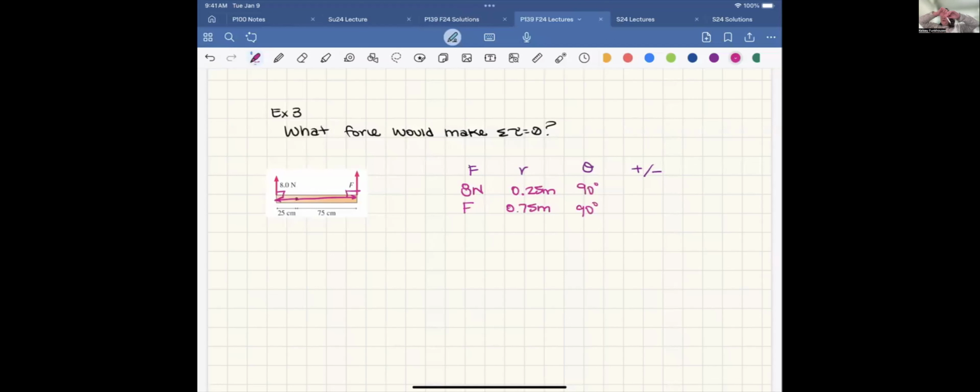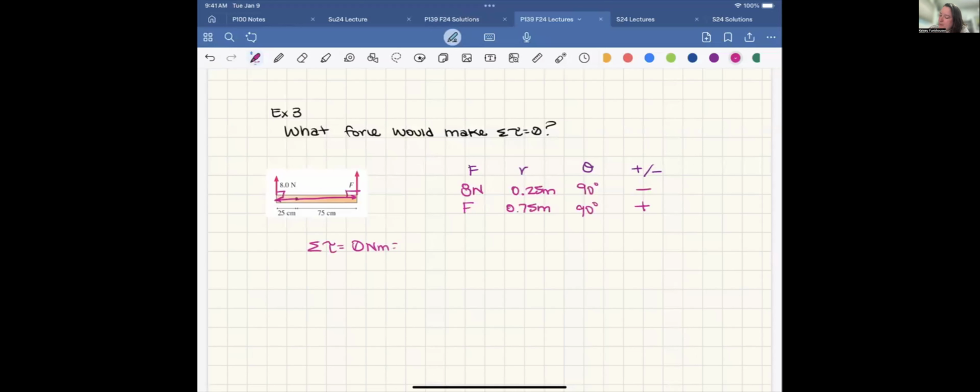So the 8 Newton force, that's going to cause clockwise rotation, so that's negative. And then the force we're trying to figure out is the opposite direction, so it would be positive. Okay, so our net torque equals 0. That's what we're looking for, 0 Newton meters.